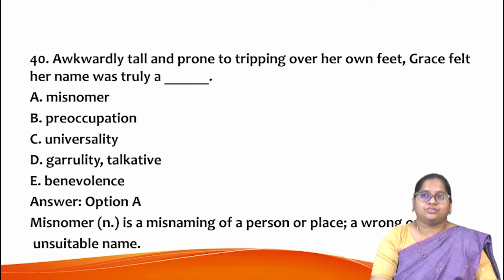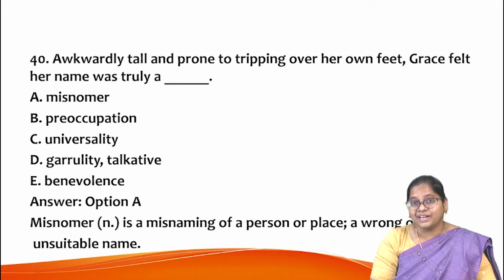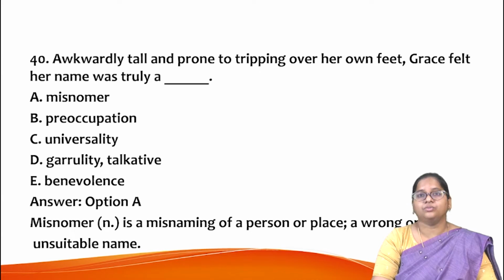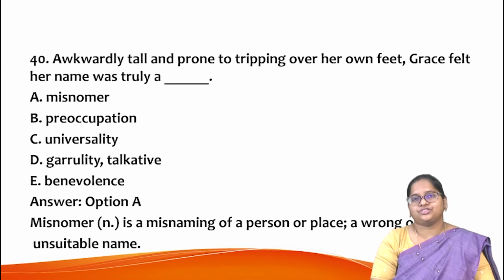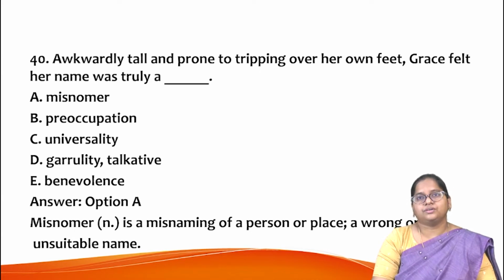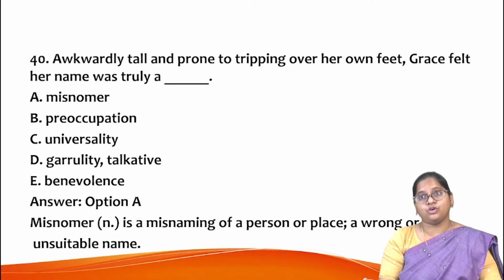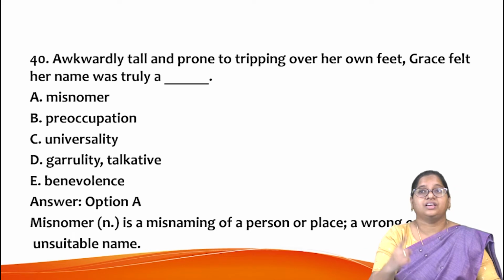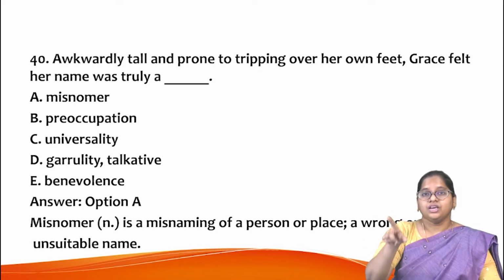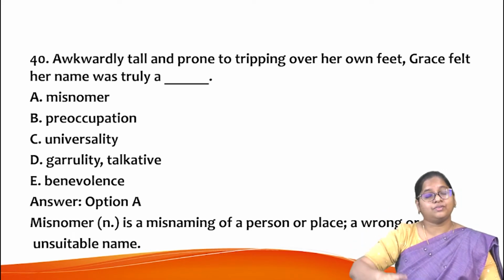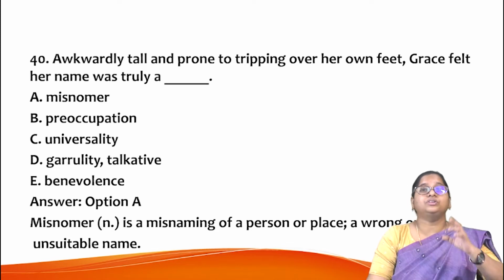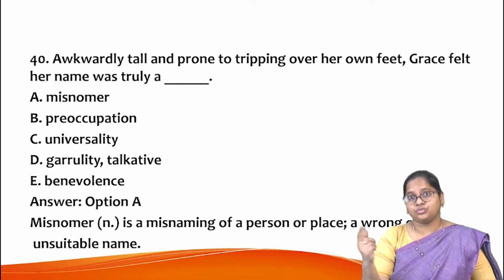Grace felt her name was truly a benevolence. Benevolence means charitable and helpful. No, it is not that as such. Here you have a clue that it is about her name, which she felt was a misnaming.